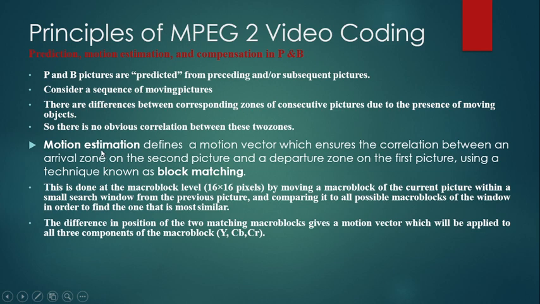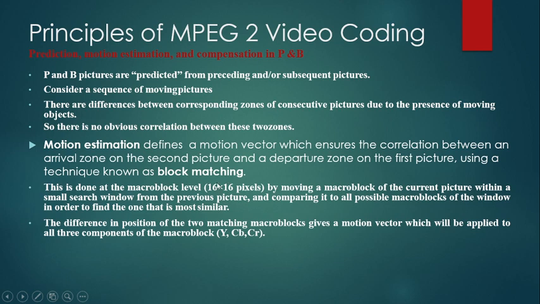So in motion estimation, we have to establish some correlation. We are going to define a motion vector which ensures a correlation between an arrival zone on the second picture and a departure zone on the first picture using a technique called block matching.